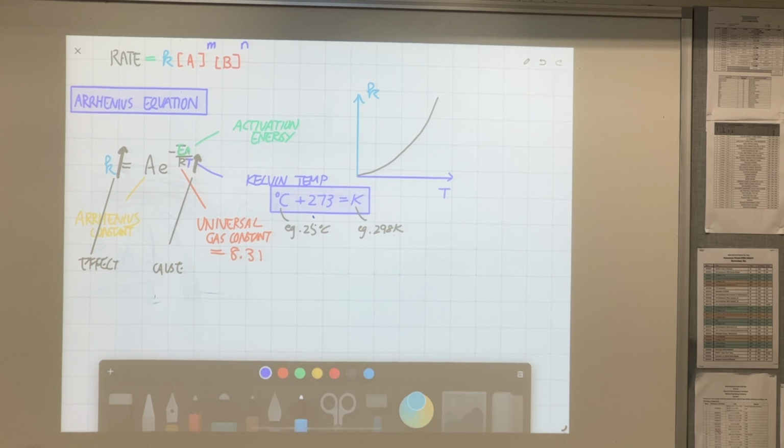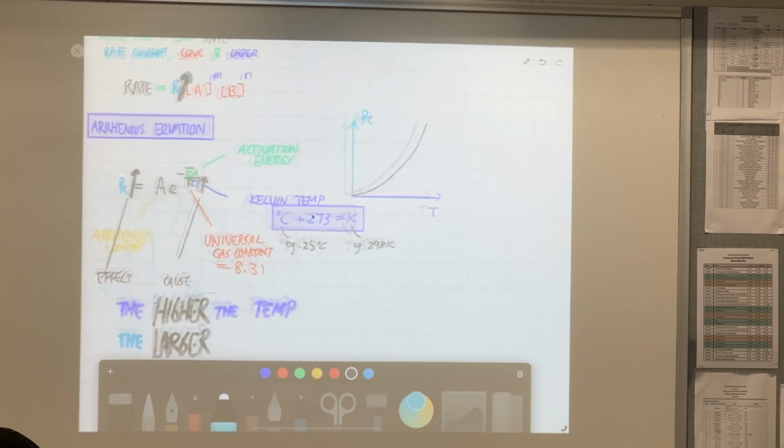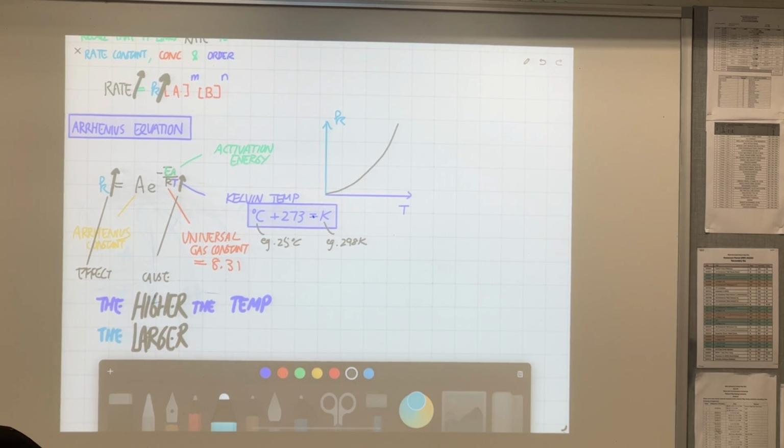So we say the higher the Kelvin temperature, the larger the rate constant. But because the rate constant is tied to the rate equation, when you increase the rate constant, you will also increase the rate. So this is another cause and effect I want you to put down.